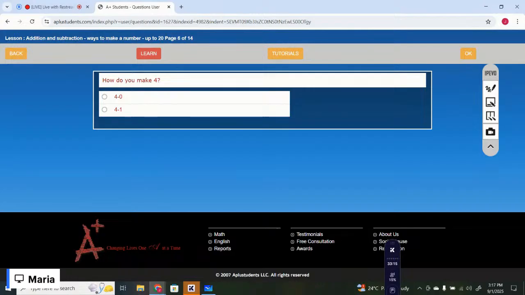How do you make 4? That is 4 take away 0 is 4. Option number 1 is the correct option.